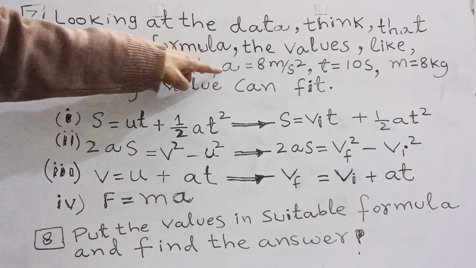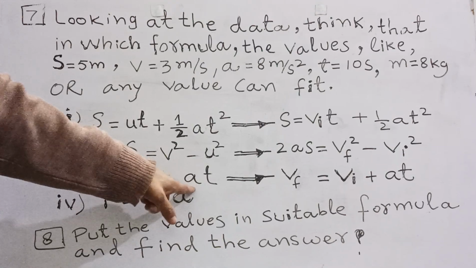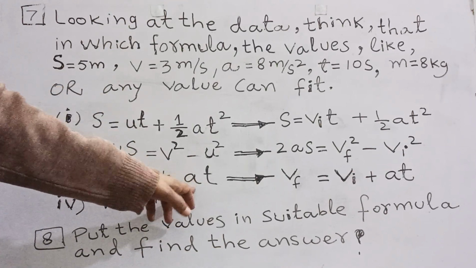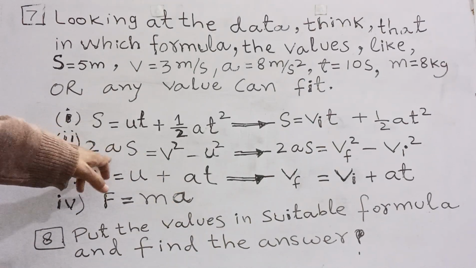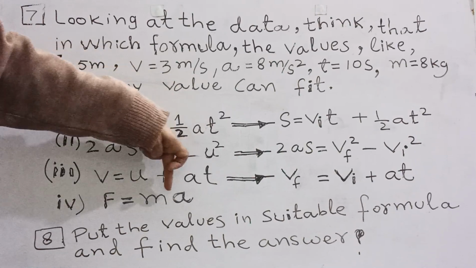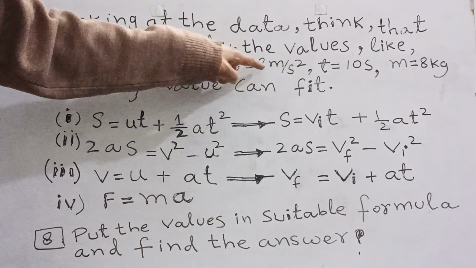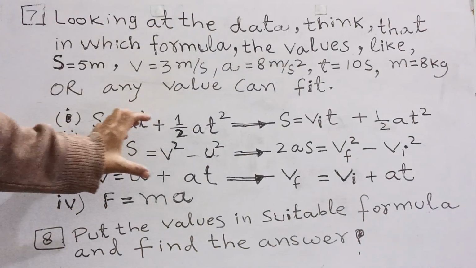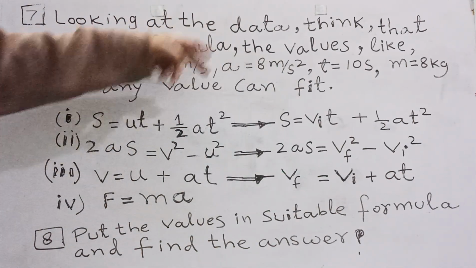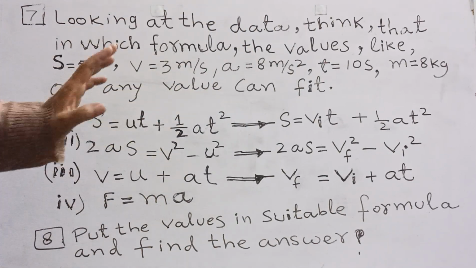We can put 8 meter per second square in place of this, this, this, and this. There are 4 symbols for acceleration, and whatever formula you are going to use, you will put this 8 meter per second square here.